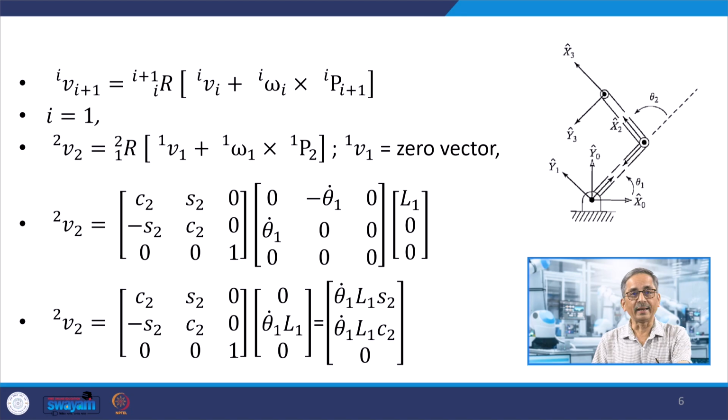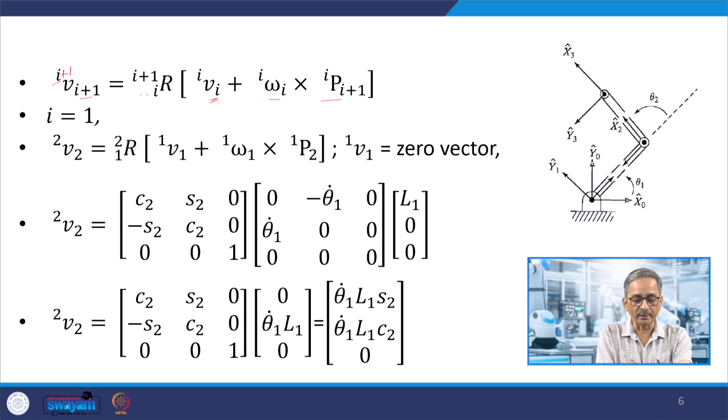Fine. Next, let us look at how the translational velocity propagates. So, this is the relationship which we have seen previously. Here this has to be i plus 1. Okay. So, the translational velocity of the origin of the (i+1)th frame expressed in terms of the (i+1)th frame will be the translational velocity of the ith frame expressed in terms of the ith frame plus omega cross r component over here.